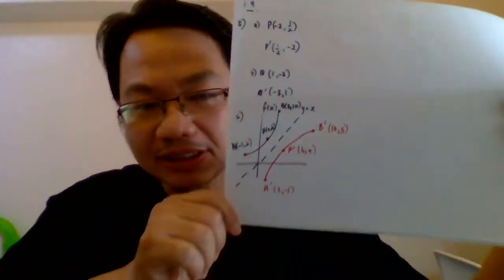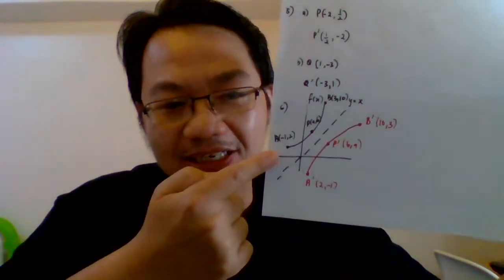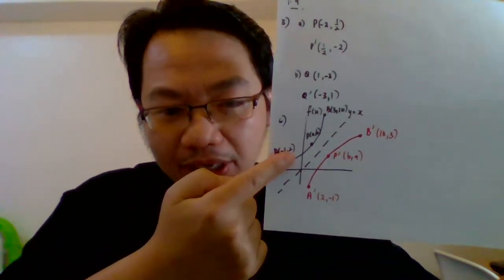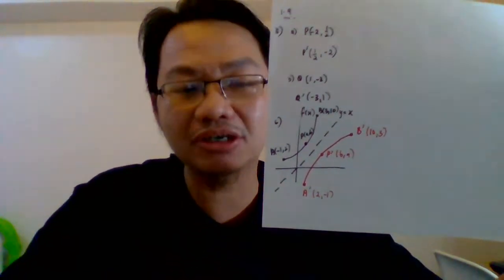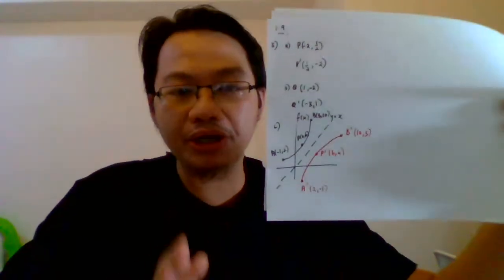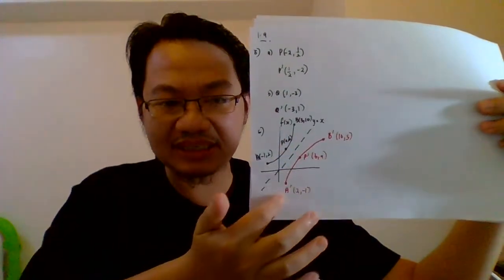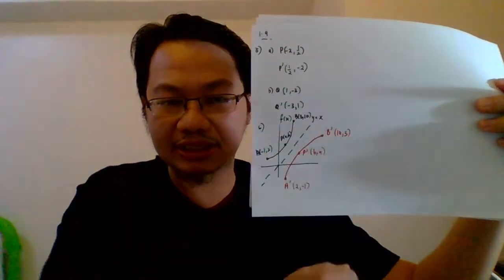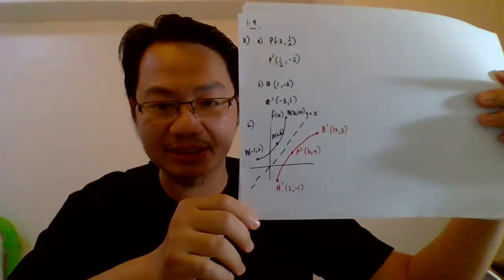Very straightforward, sangat mudah, sangat senang. Semudah ABC, right? So A is (-1, 2). When A reflects, it becomes (2, -1). Just terbalik the coordinates. All the prime points here are points of the inverse function of f(x). This is the graph of the inverse function, the red color, and all the points also belong to the inverse function coordinates.